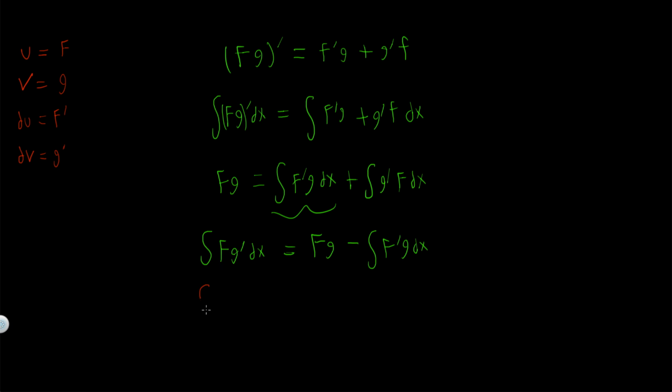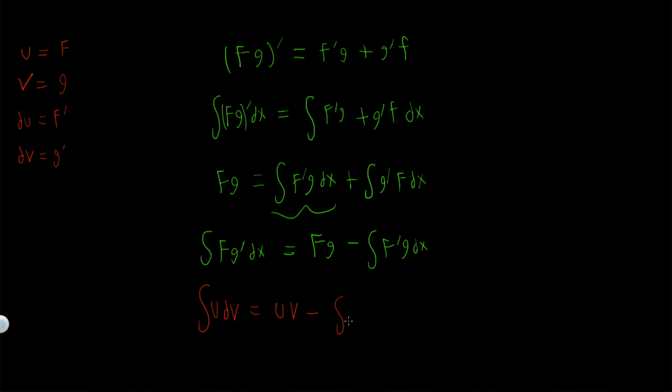So we have the integral of f, so u, g prime dx, well, that's just dv, right? So the integral of u dv is equal to fg, so uv, minus the integral of f prime g dx. So let's think about this.